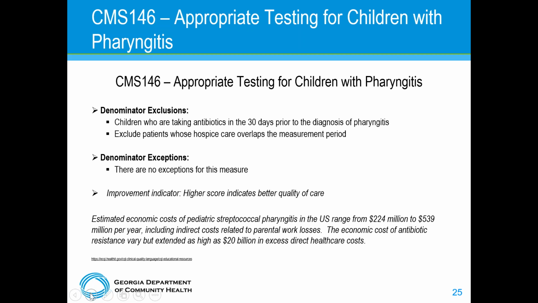The estimated economic cost of pediatric streptococcal pharyngitis in the U.S. ranges from a staggering $224 to $539 million per year. This includes the indirect cost related to parental work losses, but thinking on a broader canvas, the economic cost of antibiotic resistance varies, but the estimates have run as high as $20 billion in excess direct healthcare costs per year.